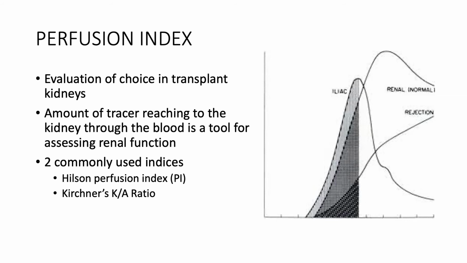First is the Hilson Perfusion Index, which is the ratio of the area under the aortic curve divided by the renal perfusion curve. And second is the Kirchner's Ka ratio, which is the ratio of the slope of the maximum upstroke portions of the kidney and the aortic curves.